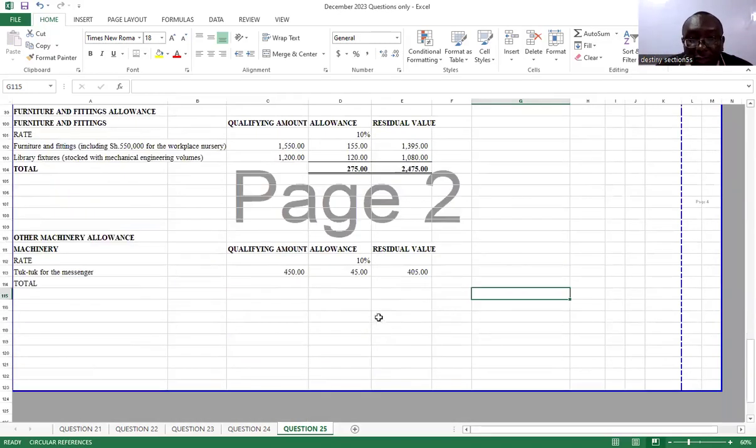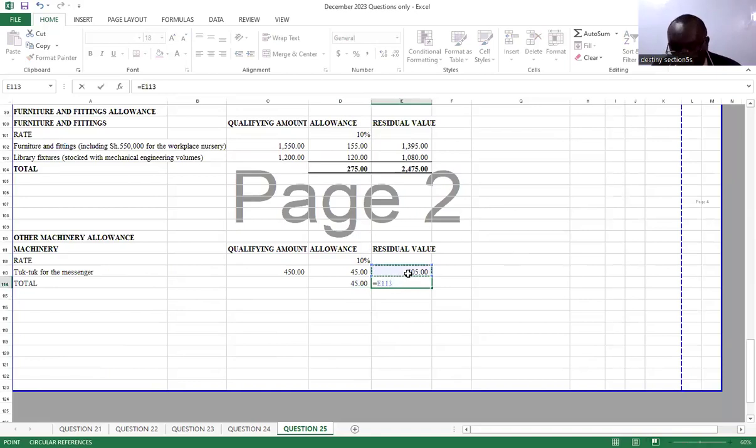So let me finish this. We go back and rectify that. So I was saying this is equals to. So these two.